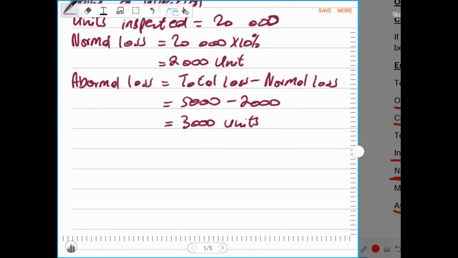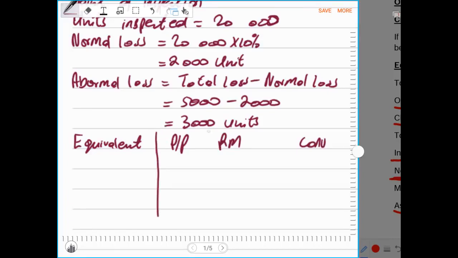Then after, we have to do the so-called equivalent units, in terms of how to allocate these units. For equivalent units, we have PP, which is the previous process, then raw material, then conversion cost. Let us draw the lines in between just to show you how to allocate the loss that we have just calculated.